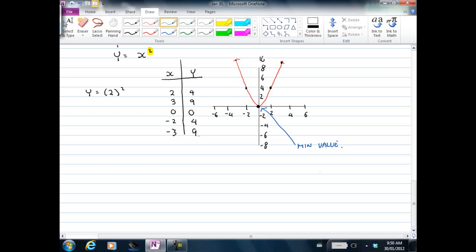The minimum value refers to the y-axis. That's your minimum value.